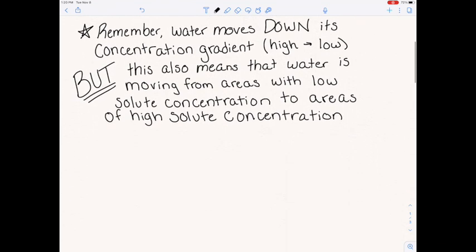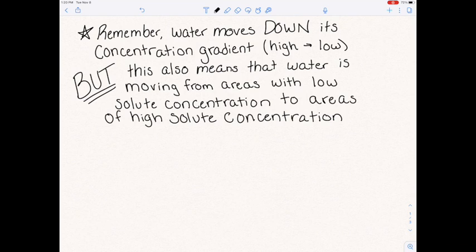If you need a way to visualize this, we can make a quick sketch. I'm going to draw in a simplified membrane. And here I'm going to pretend that the solute is not able to cross over the membrane. It's stuck where it is.